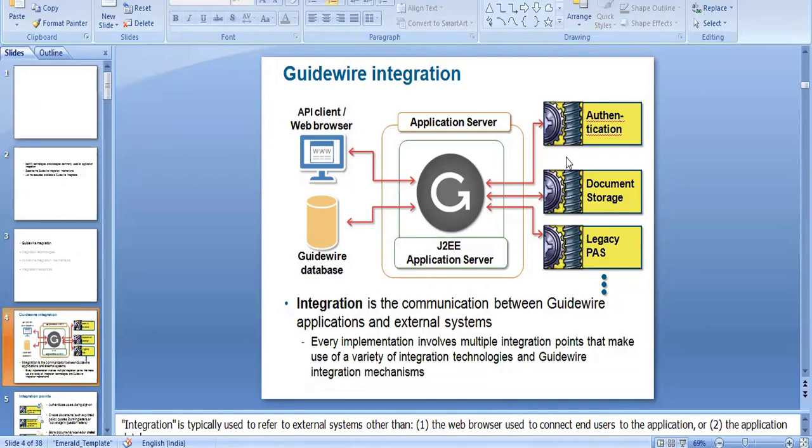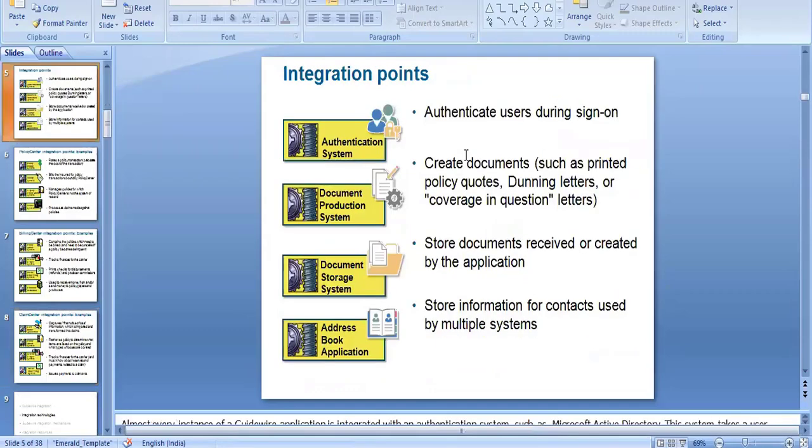It depends on the requirement. Either we store the data we retrieve from the third party in the database, or we just read the data from the third party. That's it. So we have discussed these four integrations.